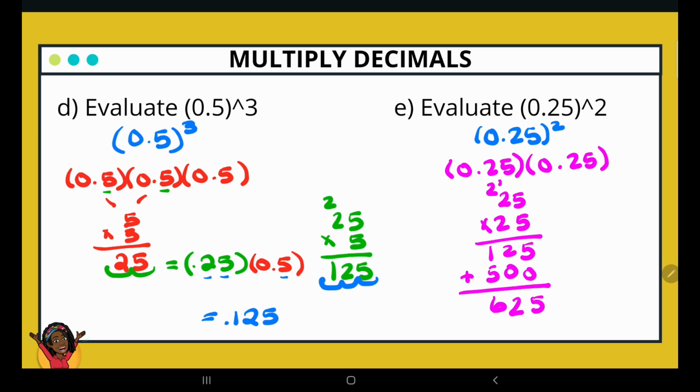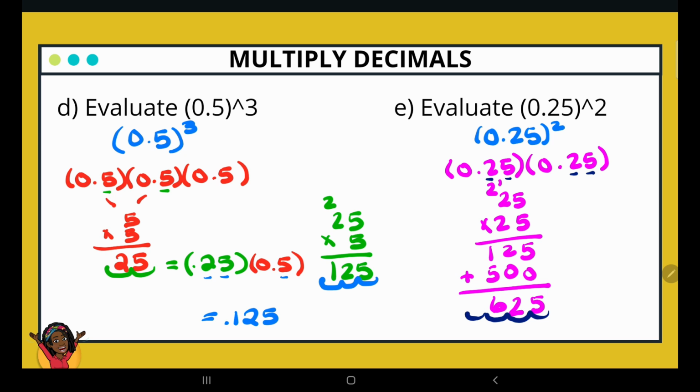Now let's go ahead and assess the number of decimal places that we have in this number. Here I have 1, 2 places, and then I have another 1, 2 places. So that's a total of 4 places. When I come down to my answer and I go 1, 2, 3, I realize, wait, where am I going to put that fourth place?